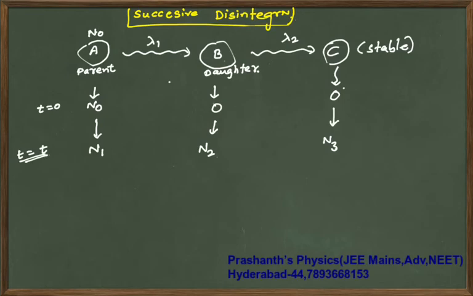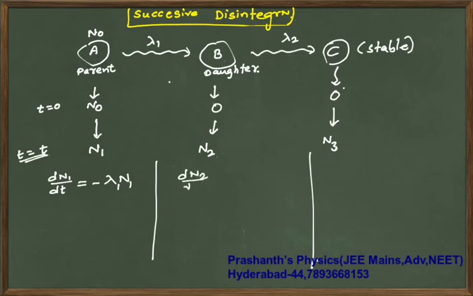Now let us talk about each one. The rate of disintegration of the first one is dn1 by dt equal to minus lambda 1 n1. For n2, production is happening and decay is happening, so dn2 by dt is lambda 1 n1 minus lambda 2 n2.